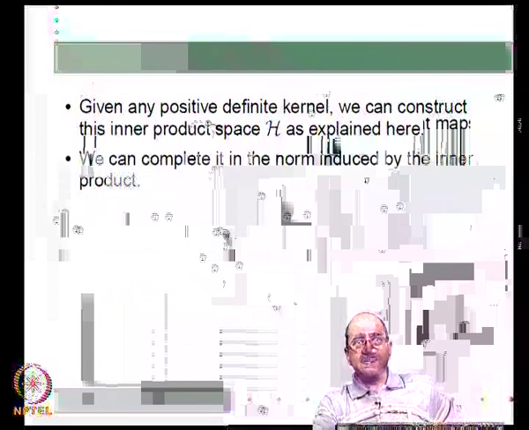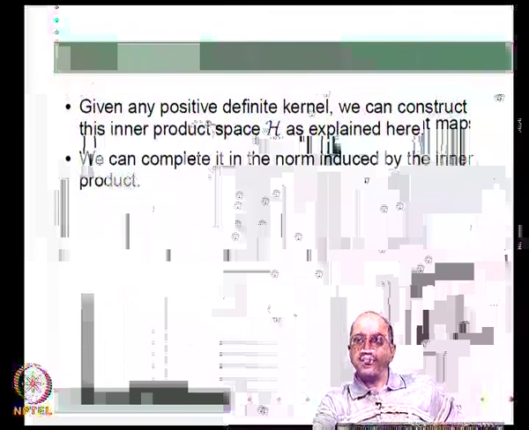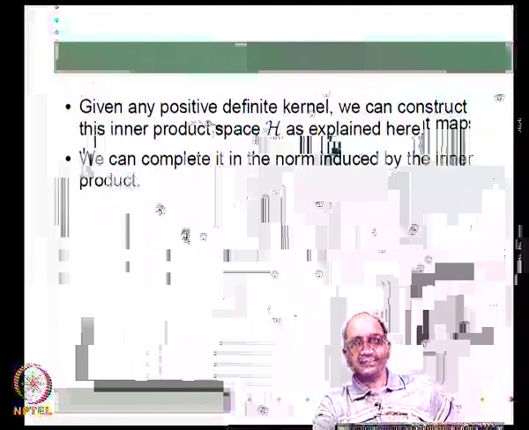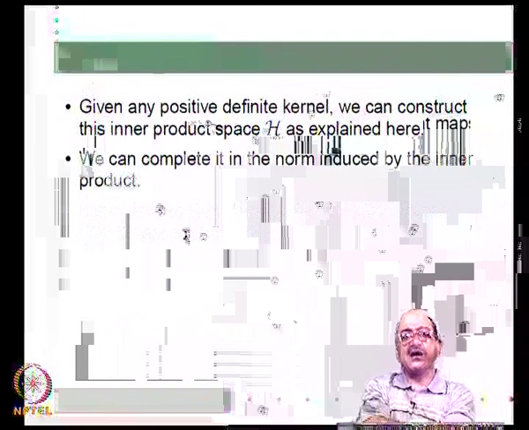If you do not understand, it does not matter. Essentially, H is a vector space with an inner product, and we simply assume that under this inner product all convergent sequences have their limits in the space. That is what is called completing H. This space is called a reproducing kernel Hilbert space.